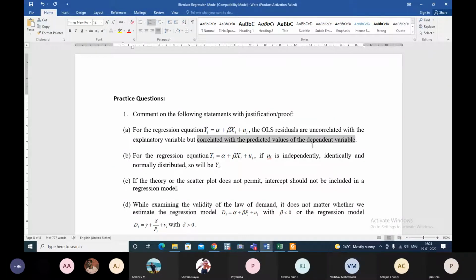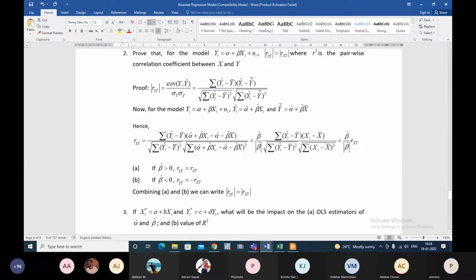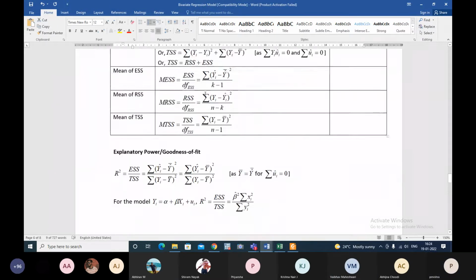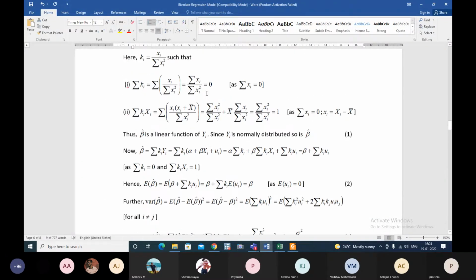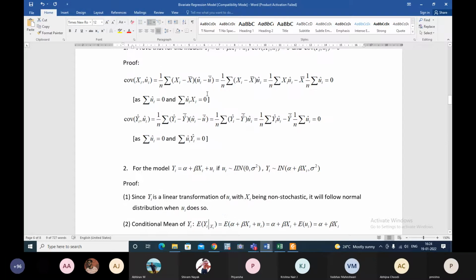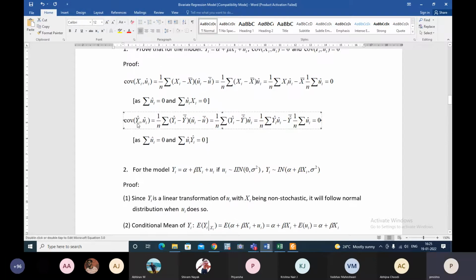It is 0. Already we have done it here. Here you see covariance between Y hat I, that is predicted value of Y, and U hat I, that is the residual. And you see that is also equal to 0.